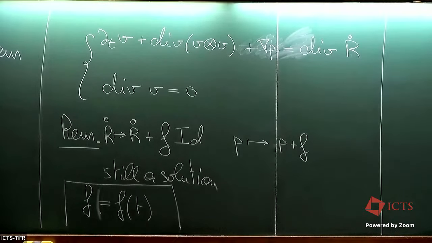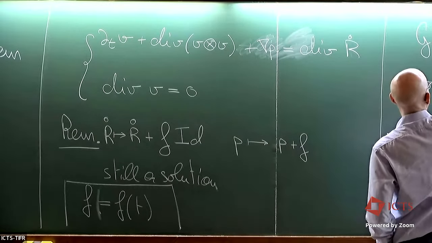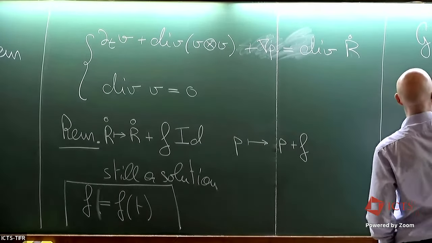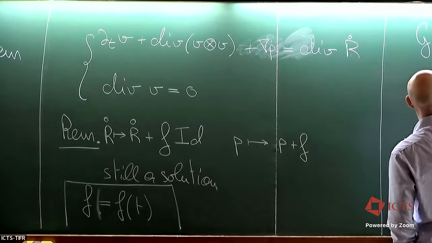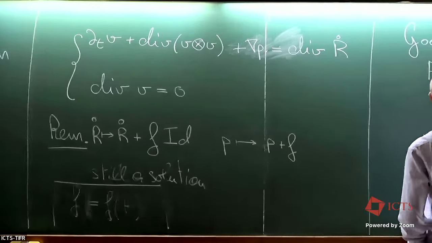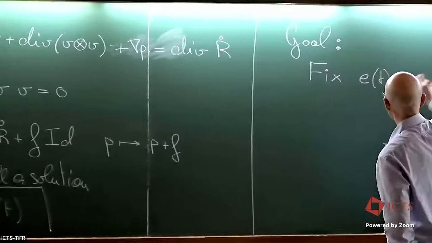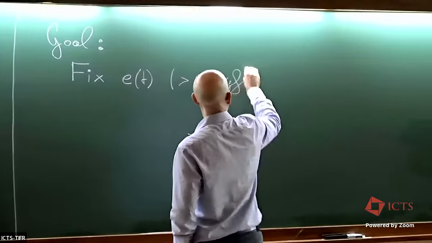Okay, so here we go. The goal is the following. Fix some E of t, positive everywhere, sufficiently smooth.